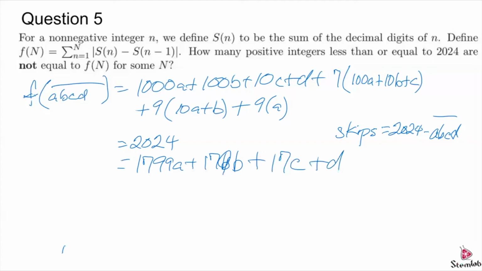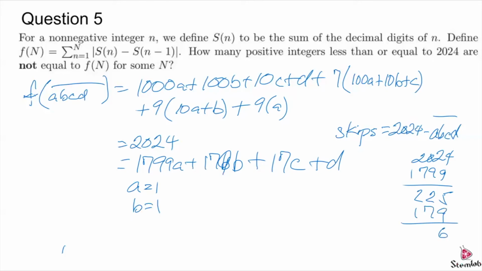Here, A has to be 1, or else we will overshoot 2024. So A is 1, and we end up with 2024 minus 1799 left, which is 225. So B also has to be 1, and we will end up with 46.